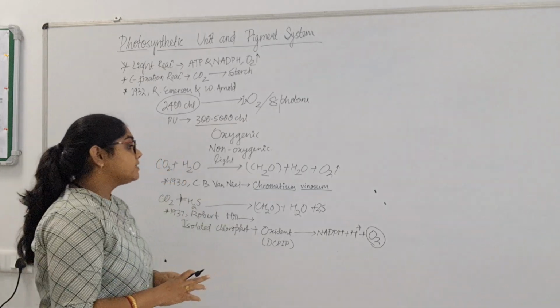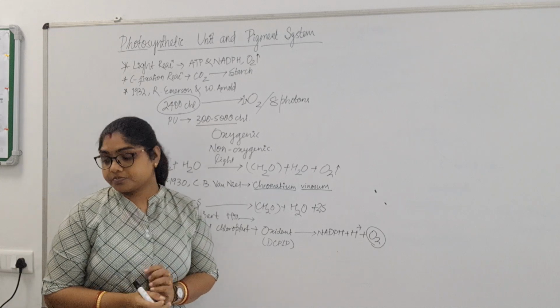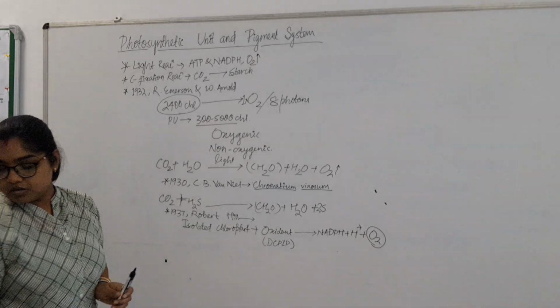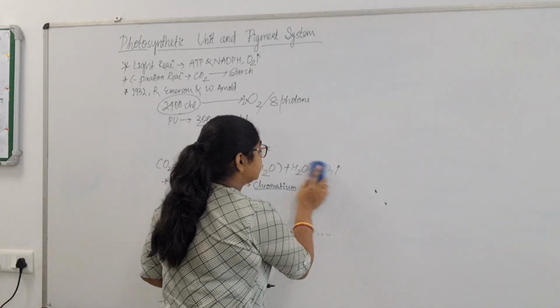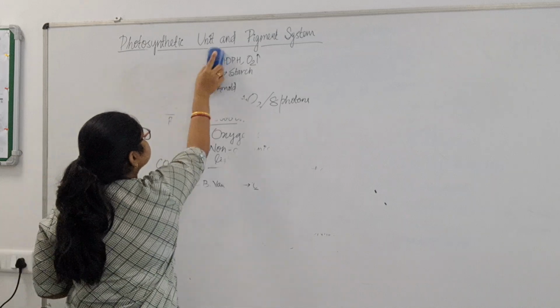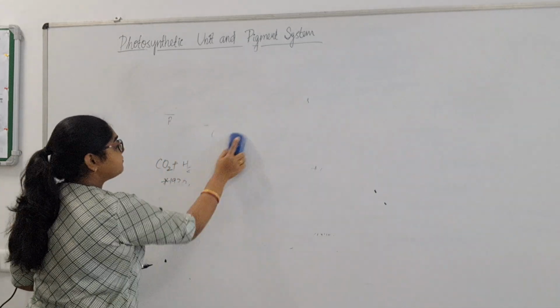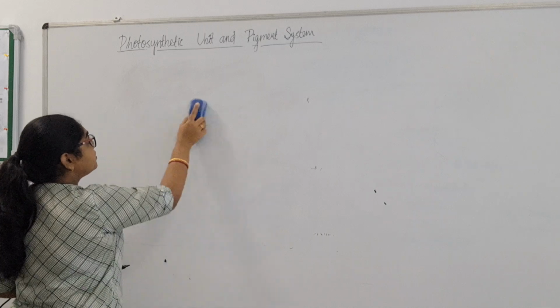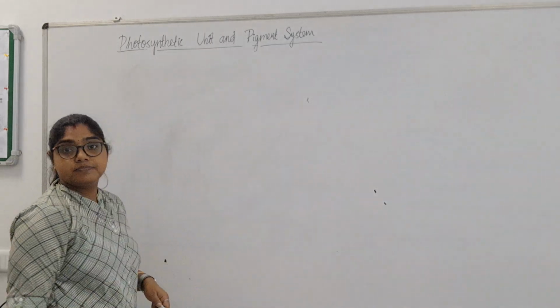Then we'll discuss the pigment system. Pigment system is also known as photosystem, and these pigment systems are found in oxygenic photosynthetic organisms.